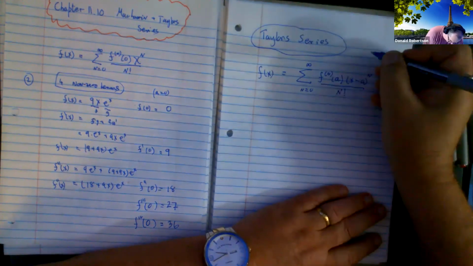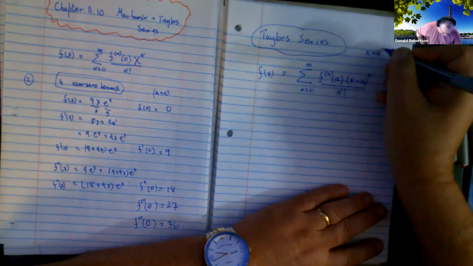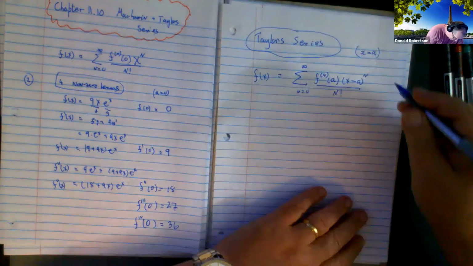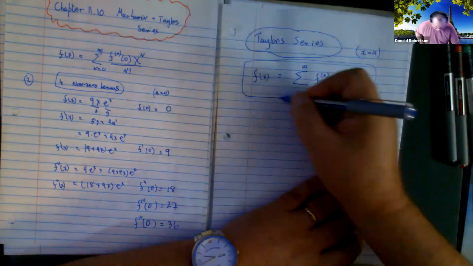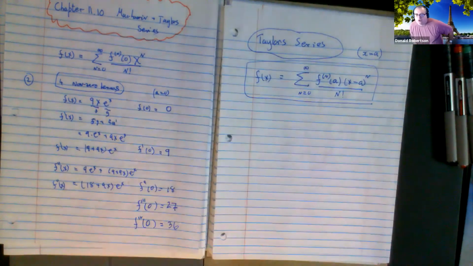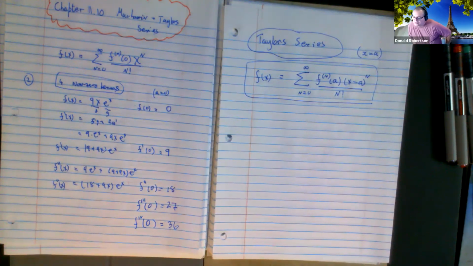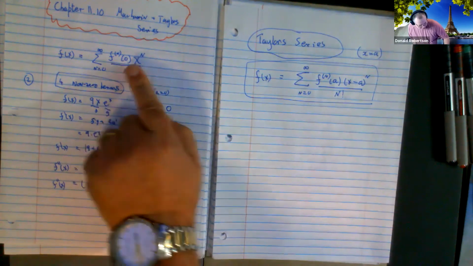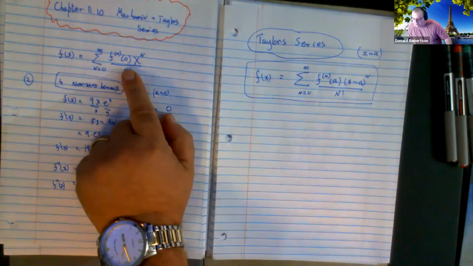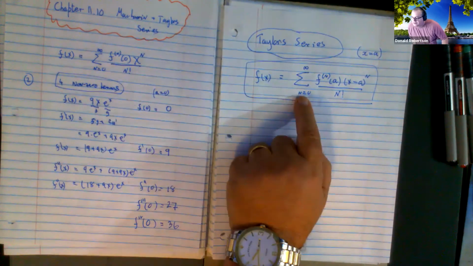We say that this is centered at a. When you write down a power series in this form, we call it a Taylor series. And when you look at Maclaurins and Taylors, would you agree that Maclaurin is just a special case of Taylor? Isn't it just Taylor centered at 0?